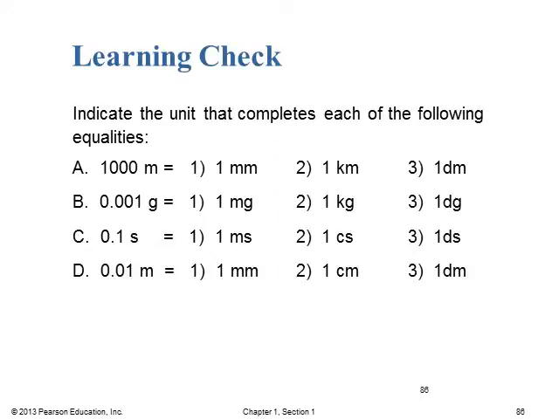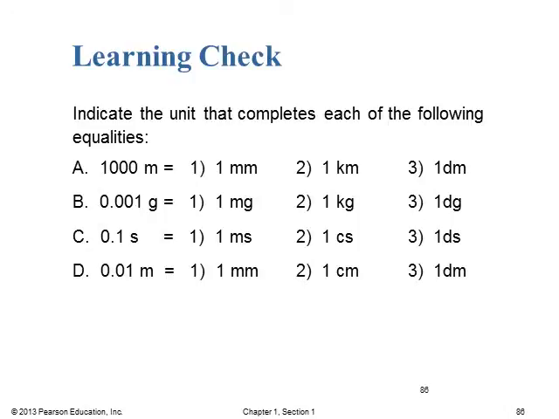All right, and so in this learning check, we need to indicate the unit that completes each of the following equalities. And so 1,000 meters. So 1,000 meters, you have a lot of meters, and so it's going to be quite long. And so that would be 1 kilometer. All right, 0.001 grams, so 1/1000th of a gram. So 1/1000th is milli. So choice 1. In question C, 0.1 seconds.